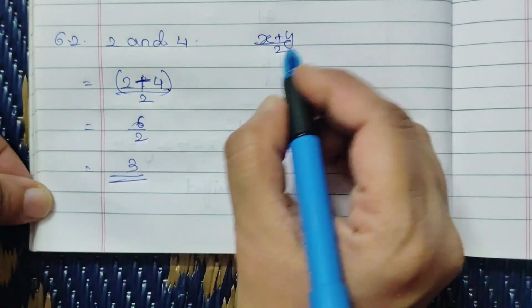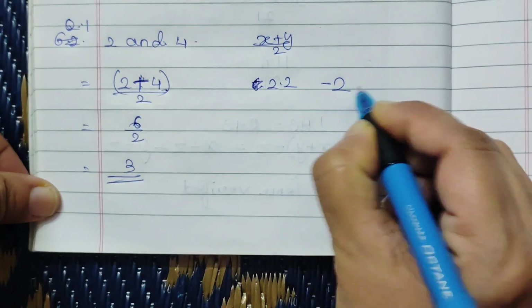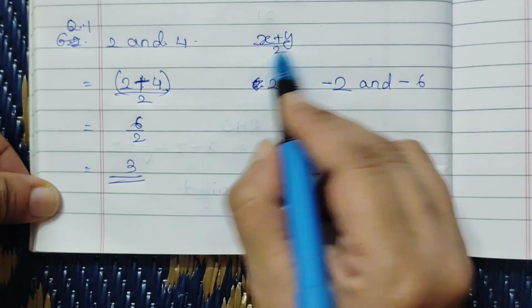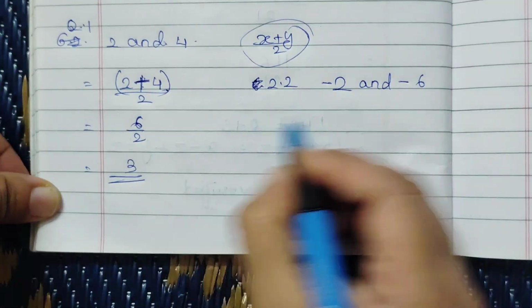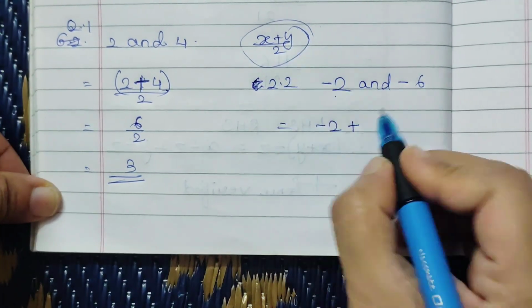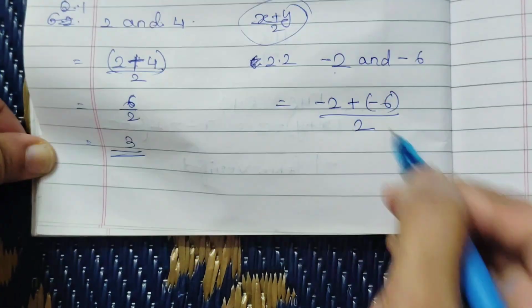Got it? Now we will do the next sum, minus 2 and minus 6. So again x plus y divided by 2 we will do. So what is our x? Minus 2. So minus 2 plus y, that is minus 6, divided by 2.